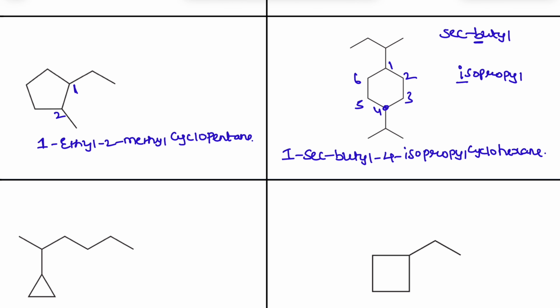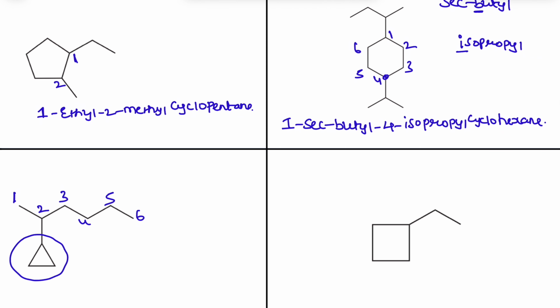And the next one here, open chain 1 2 3 4 5 6 carbons, closed chain only 3 carbons, open chain has more number of carbons, therefore that is main chain, principal chain. And the substituent, this is a cyclopropyl group, therefore it is 2-cyclopropylhexane.